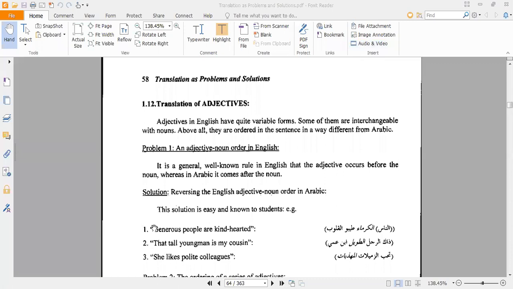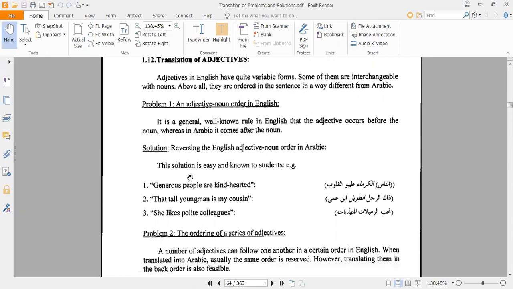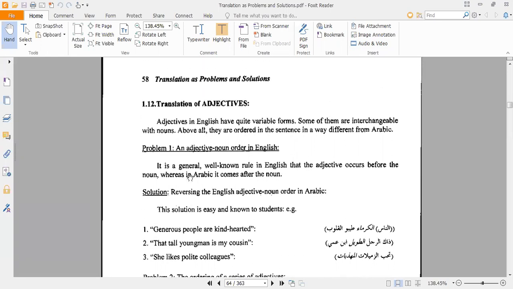In this lecture, we are going to talk about translation of adjectives from English into Arabic. And in the second part of this lecture, we are going to investigate another area in translation, which is translating tenses from English into Arabic.